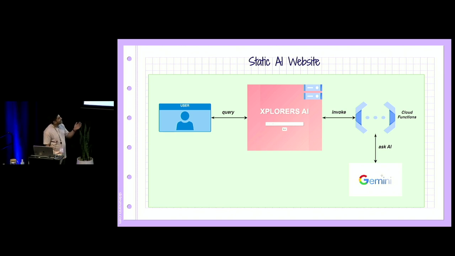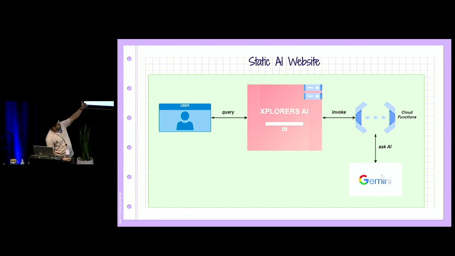Now you might ask, why do I have the Cloud Function service in between? Why did I not directly invoke Gemini via the website, which is basically an HTML page, which I'll show you in a second? That can totally be done. The reason I didn't is that the static files the user sees when they go to the website are the same for everyone.